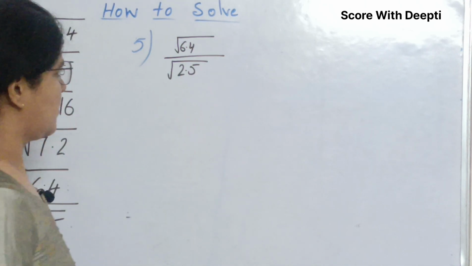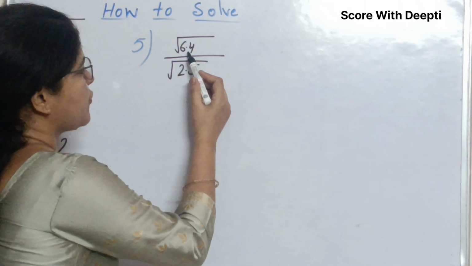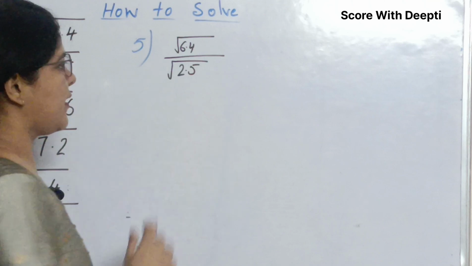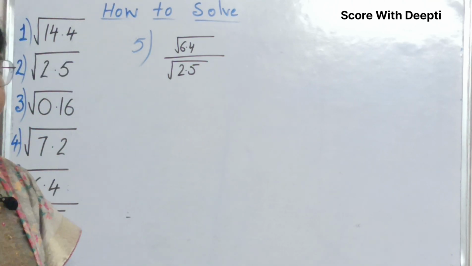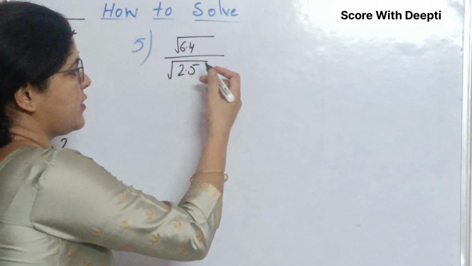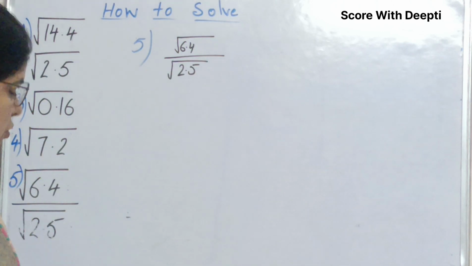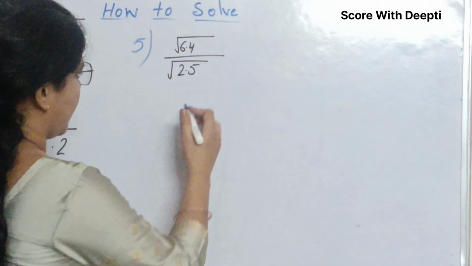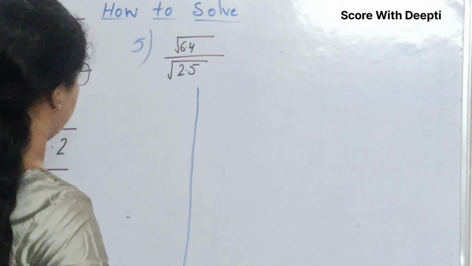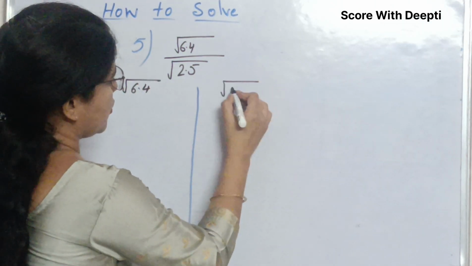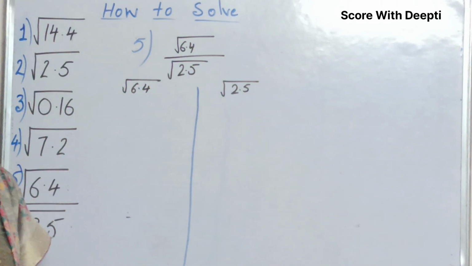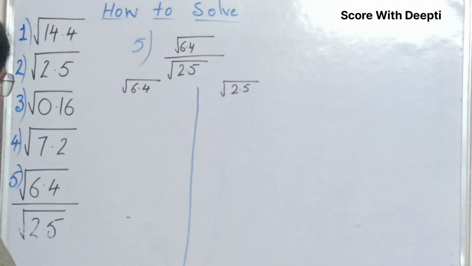How do we solve this? First, we find the value of square root 6.4 and then square root 2.5. So we divide this question in two parts: square root 6.4 and square root 2.5. How do we find the value?